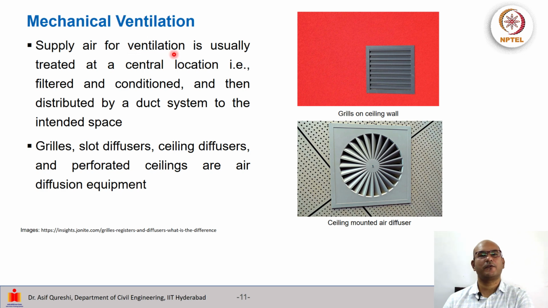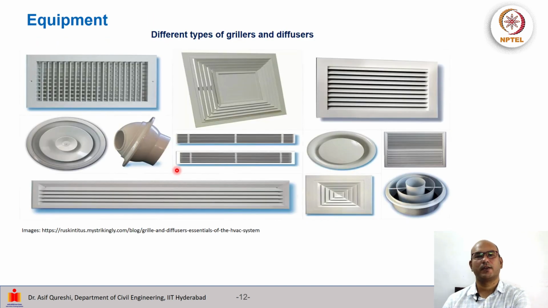The supply of ventilation is usually treated at a central location. So for example, one can put a filter and do some conditioning and then distribute it by a duct system to the intended indoor space, and grills, slot diffusers, ceiling diffusers, and perforated ceilings can be used for this whole process, and this is how they might look.